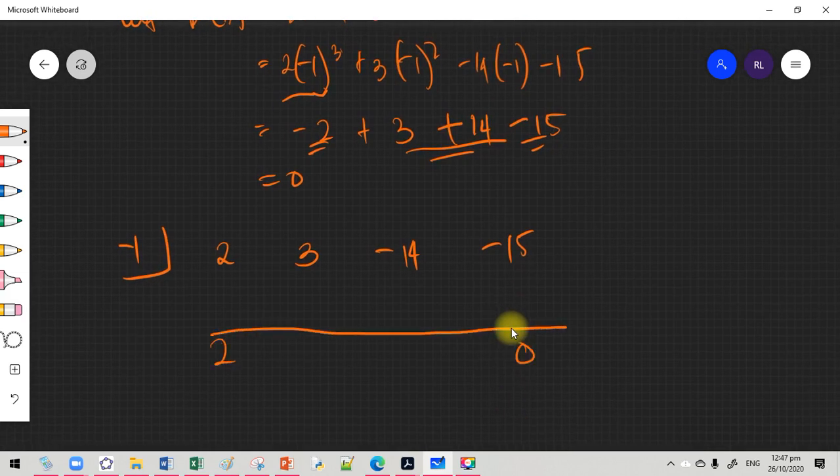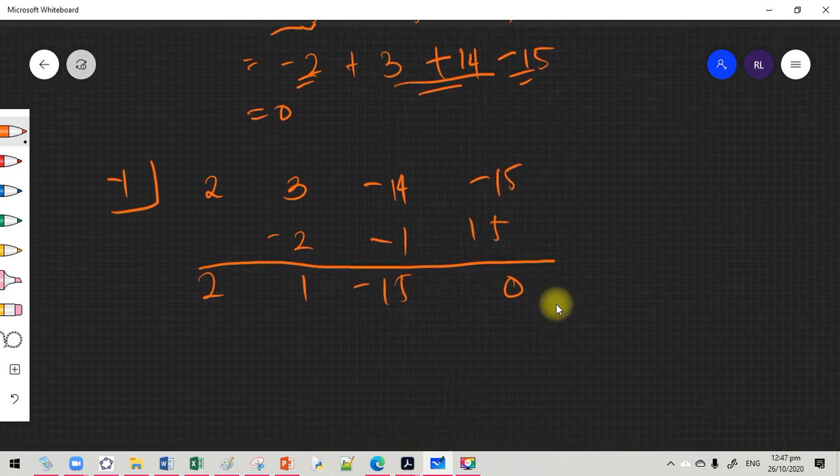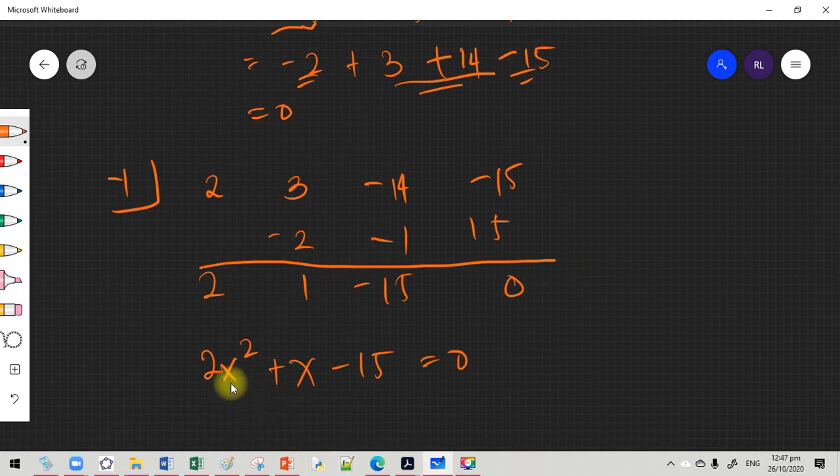So 2, negative 2, 1, negative 1, negative 15, positive 15. We now have a remaining equation of 2x squared plus x minus 15 equals 0. This is our depressed equation. From cubic, it becomes quadratic.